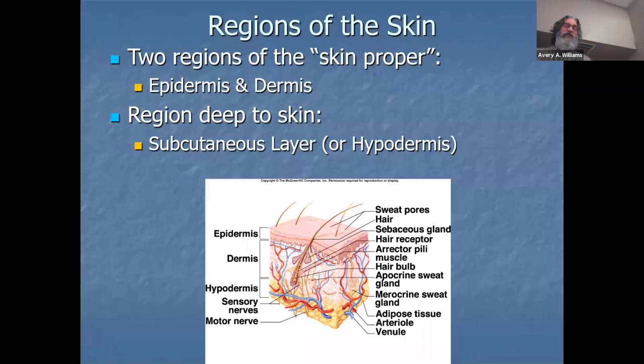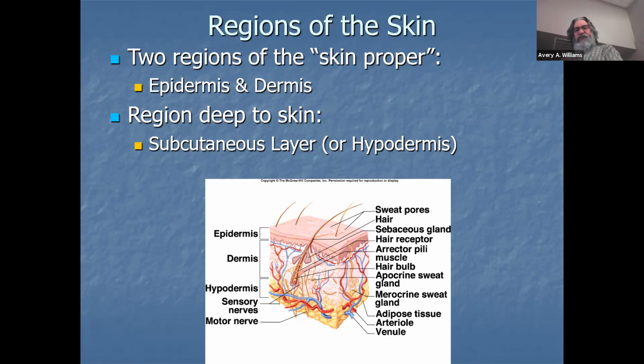That would be the subcutaneous layer, or sometimes the word hypodermis is used. But if you look at the words subcutaneous and hypodermis, you're saying the exact same thing with different words. They're synonymous. Subcutaneous means literally under the cutaneum, the skin layer. Hypo means under or below, and of course dermis, under the skin.